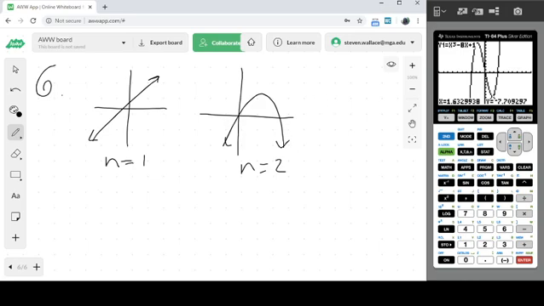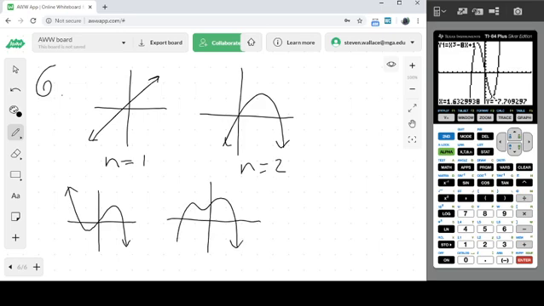Later we're going to learn about cubic ones that might have 2 turning points and quartic ones that could have 3 turning points. So here the degree would be 3, here the degree would be 4.